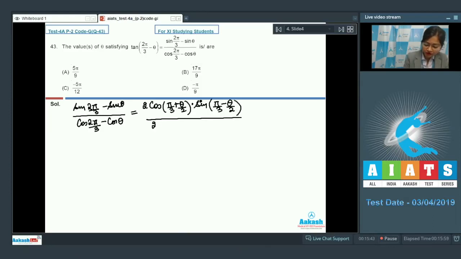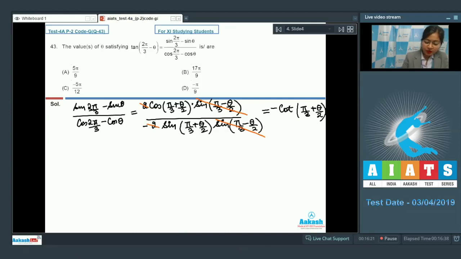Upon applying the formula of cos C minus cos D, it will be equal to 2 into sine of (C plus D) by 2 into sine of (D minus C) by 2. Taking minus common, we can write it as pi by 3 minus theta by 2. Now it can be seen that this term can be cancelled from the numerator and denominator. So this can be written equal to minus of cot (pi by 3 plus theta by 2).